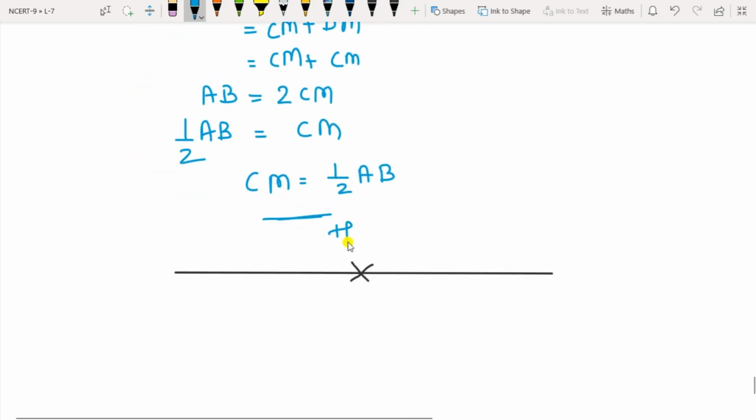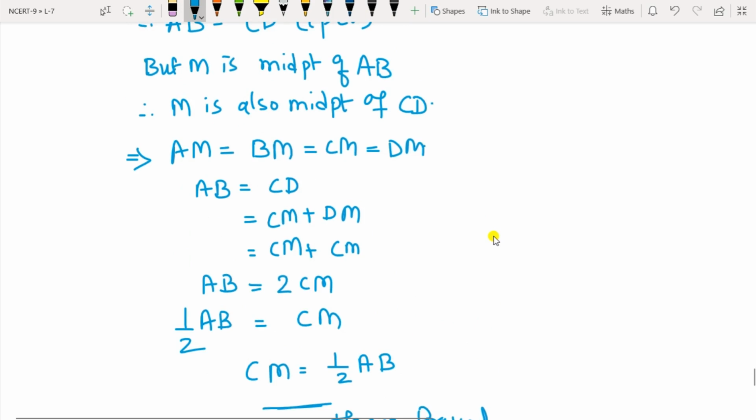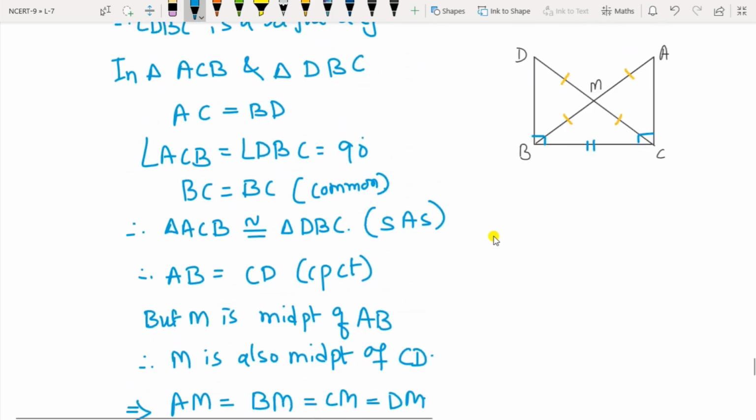Hence proved. So here, for these two triangles, we proved 90 as equal, BC is common, and this BD is equal to this AC, so by SAS these two triangles will be congruent to each other, and therefore AB will be equal to CD.